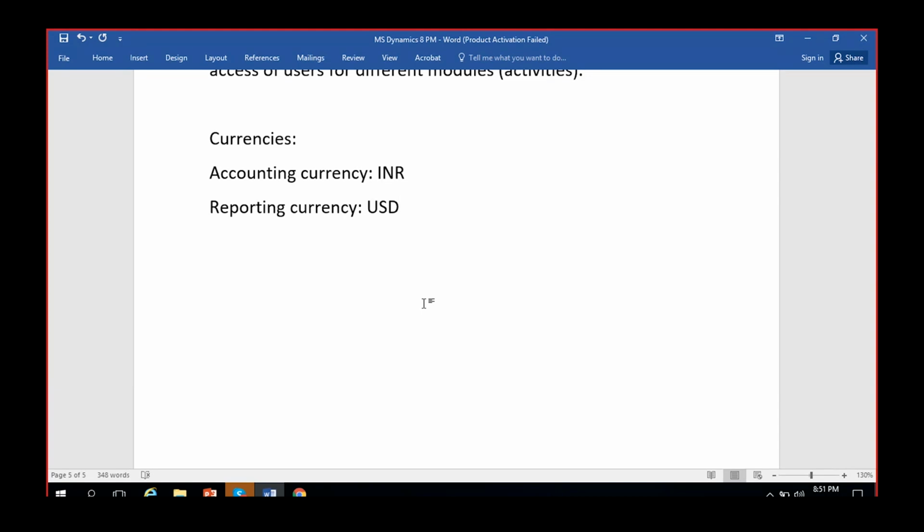Whenever I have to prepare any report, I can easily prepare a report in INR as well as separately in US dollar. Then it's easy for comparatives, to compare each legal entity's performance in US with the Indian legal entities, and it's also very helpful for consolidation. In consolidation, if you have to consolidate two accounts, both of them have to be in the same currency.